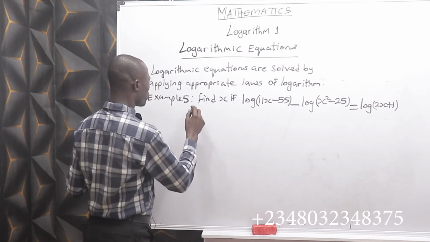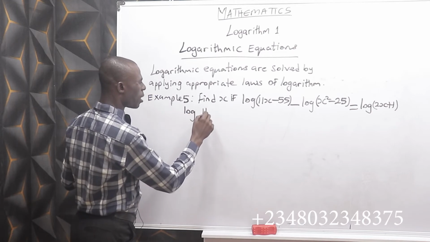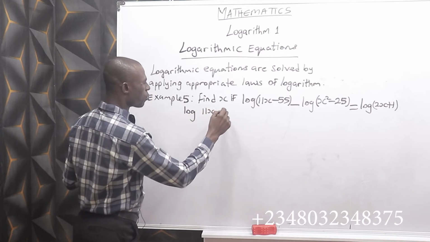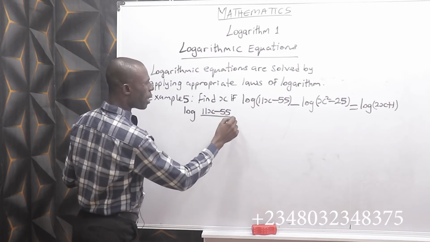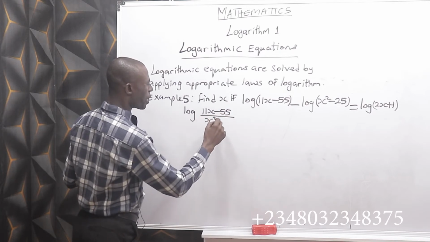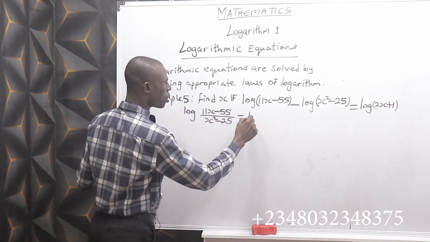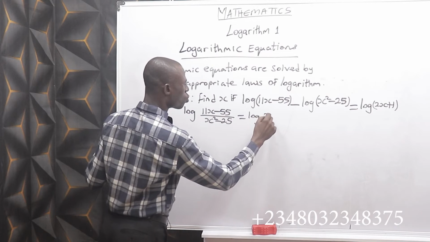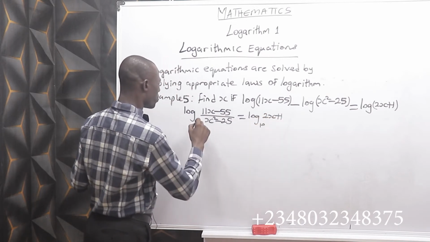So we have log of (11x minus 55) divided by (x squared minus 25) equals log (2x plus 1) base 10.